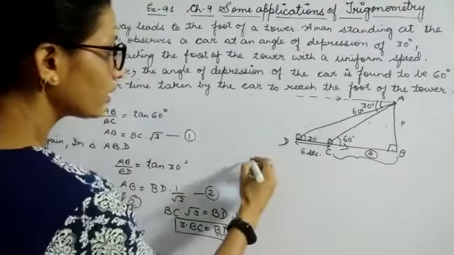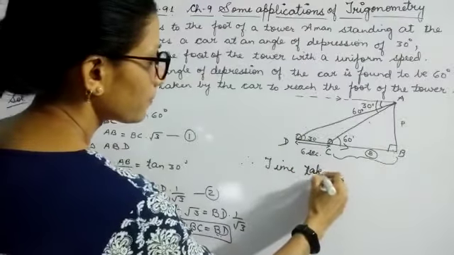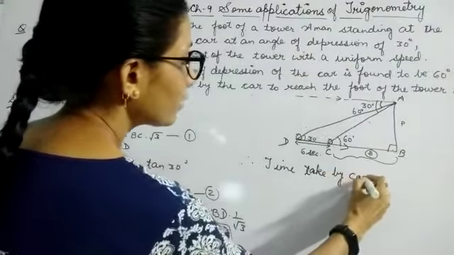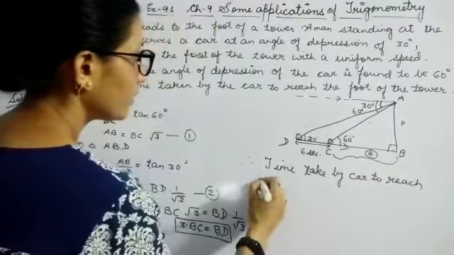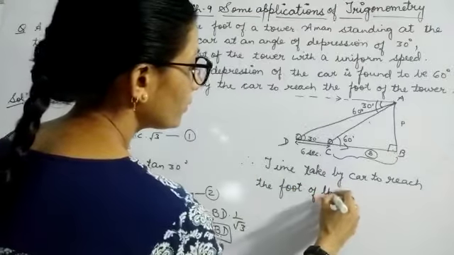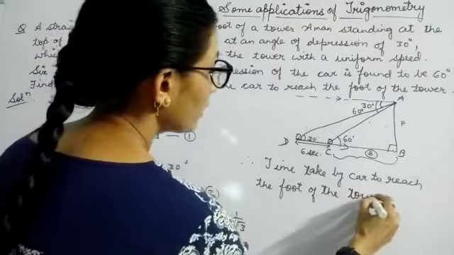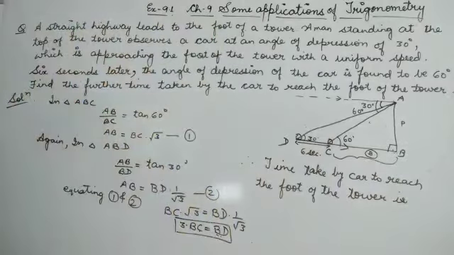So I can say, therefore, the time taken by the car to reach the foot of the tower is. Children, understand this concept here.